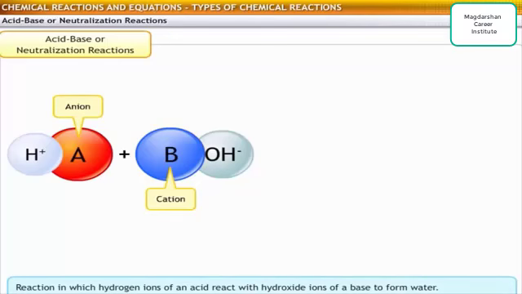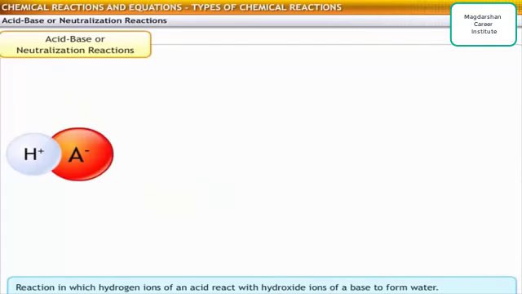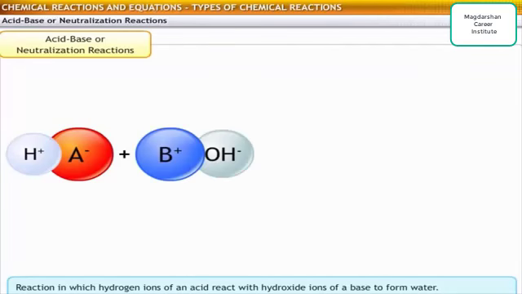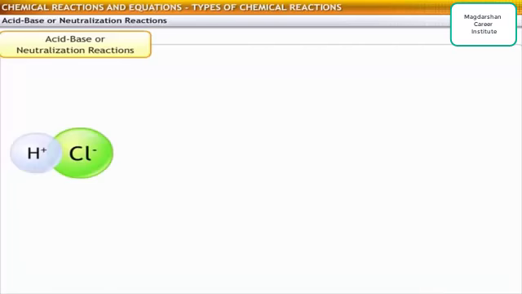In an acid-base reaction, the hydrogen ions of an acid react with the hydroxide ions of a base to form water. Therefore, in the general form of an acid-base equation, HA, an acid, reacts with BOH, a base, to produce water and a salt, BA.